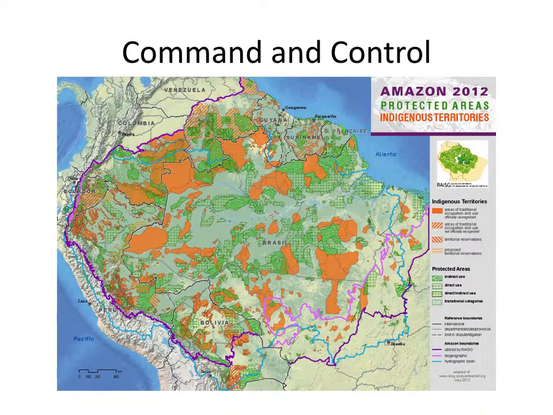So I want to take a look at the Amazon rainforest and describe exactly what command and control would mean in terms of the Amazon, just so we can get an idea of how this plays out. Now, this command and control approach is best exemplified actually in the United States, where the United States were the pioneers of natural preservation with the National Park Service.